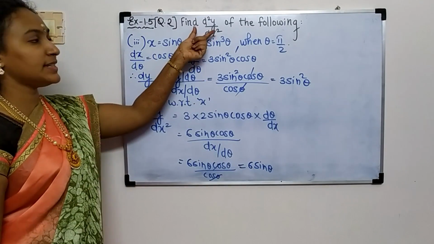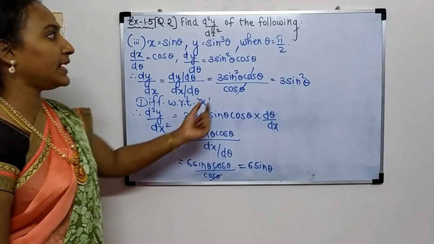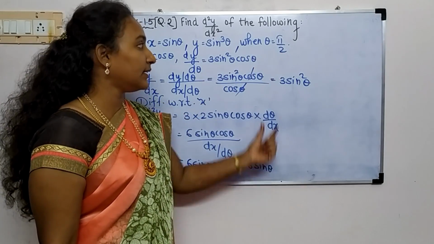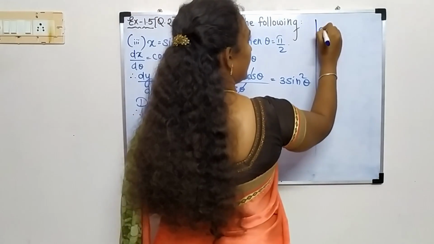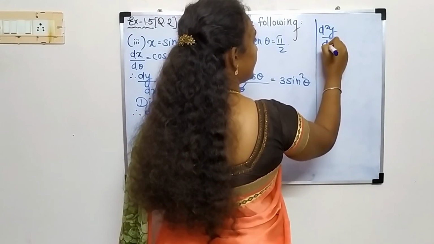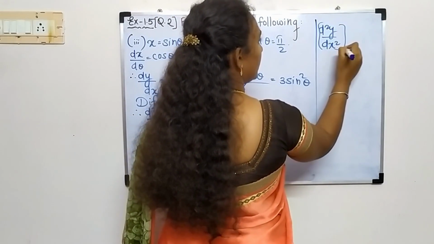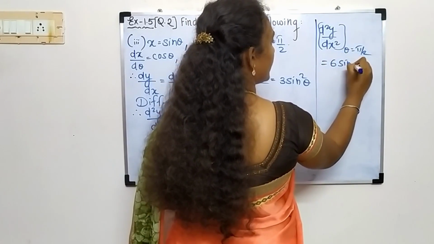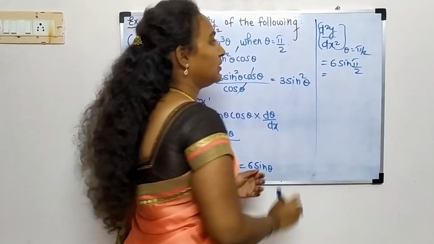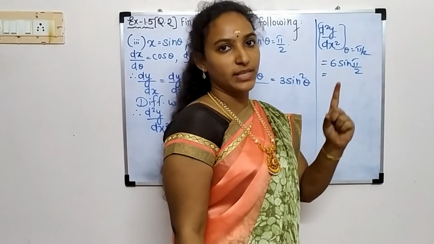So this is our d square y by dx square, but we need to find the value of theta at pi by 2. Therefore, d square y upon dx square at theta equal to pi by 2 will be 6 sin pi by 2. See, sin pi by 2 is 1.